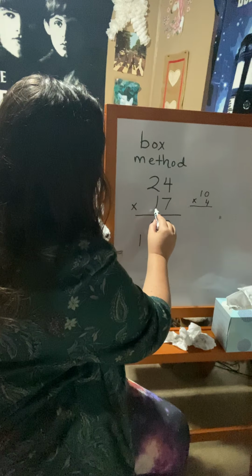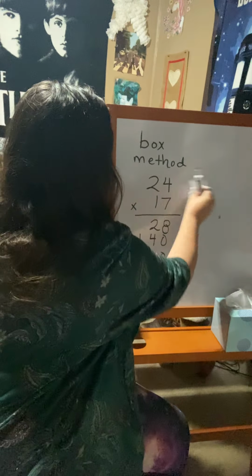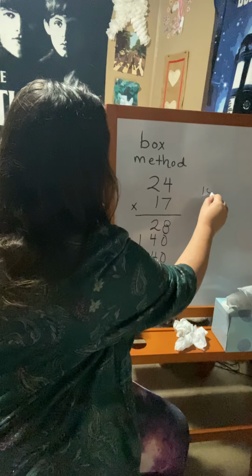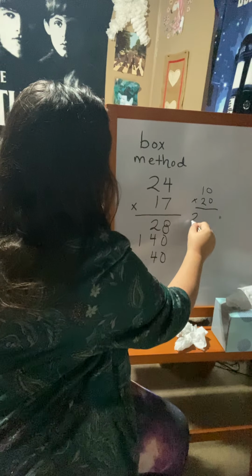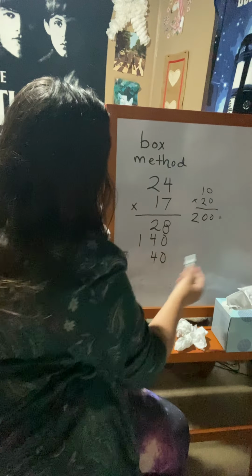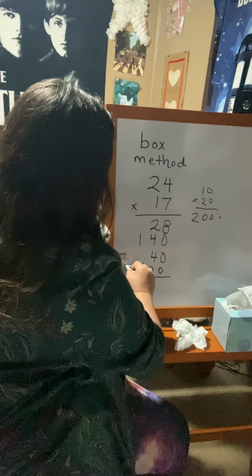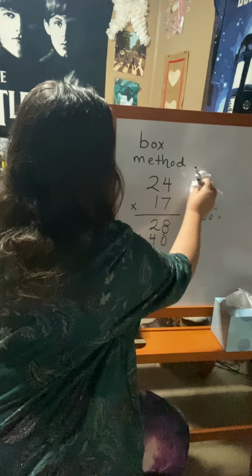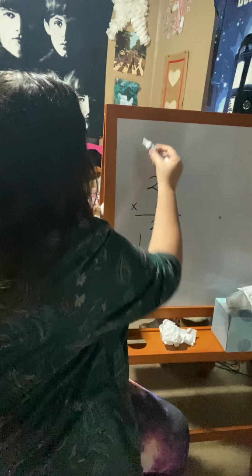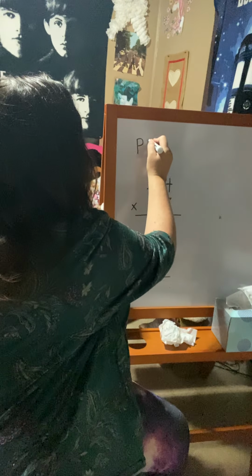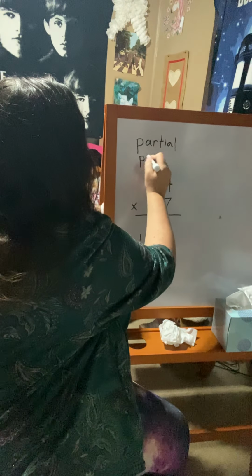This is in the tens column. 10 times 20. You do the 1 times the 2, and then you add the zeros. It's 200. This is not box method. This is partial products.